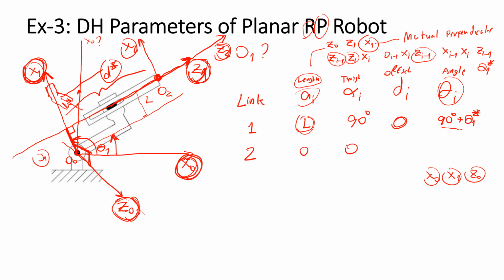Offset is the distance from O1 to X2 along C1. The distance from O1 to X2 along C1 will be this distance, and this distance is driven by the actuator.